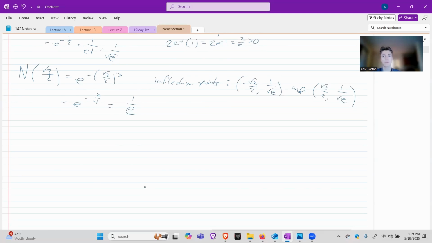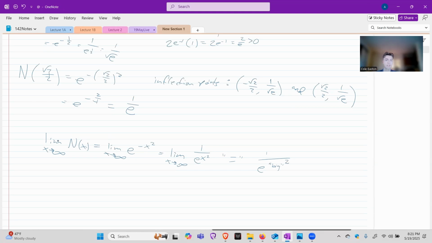In some cases, end behavior can be a little bit confusing if we have functions that aren't polynomials, but in this case, I think it's not going to be too bad because if we take the limit as x approaches infinity of n of x, which is the limit as x approaches infinity of e to the negative x squared, and I can rewrite e to the negative x squared as 1 over e to the x squared, and I can say that in some sense equals 1 over e to the, I'm going to say, big number squared, right?